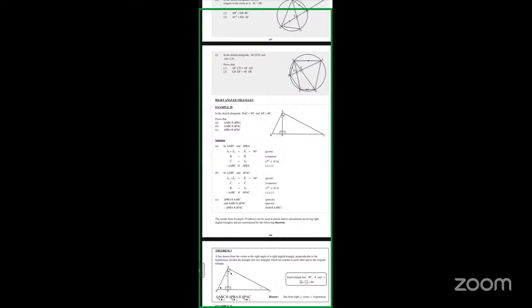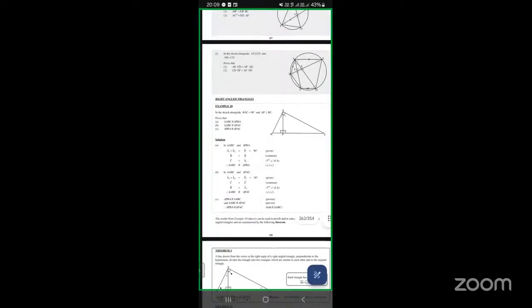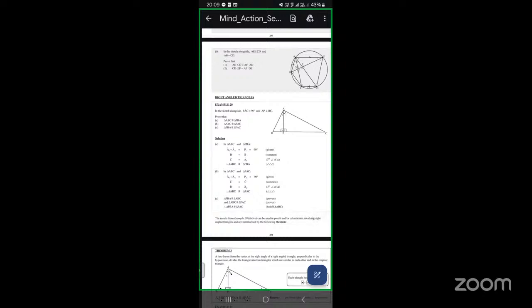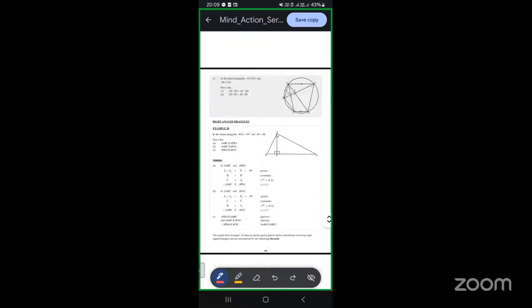Then without wasting any time, guys, let me dive into today's business, whereby we are still extending the similarity theorem, but now we move from only circles. Now we involve right-angled triangles.